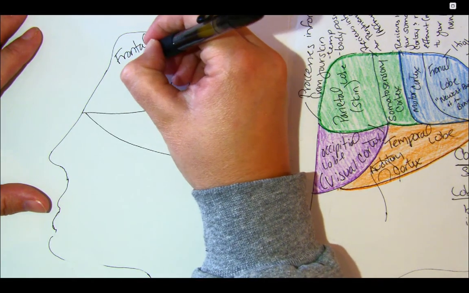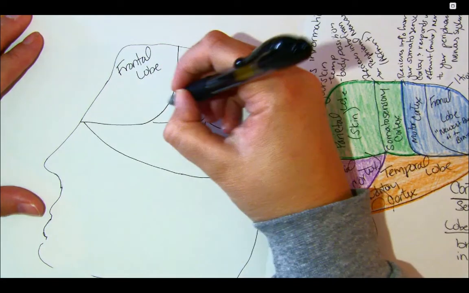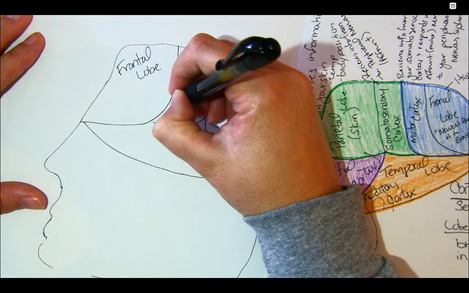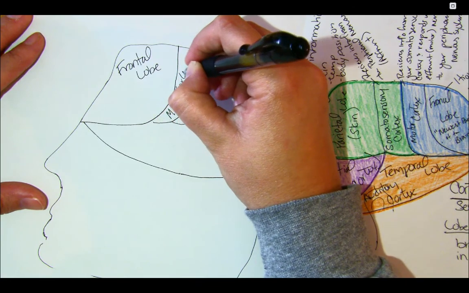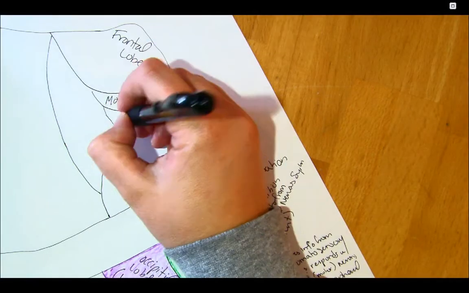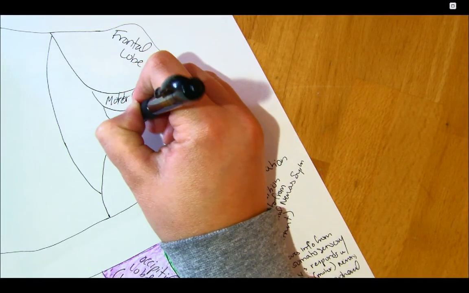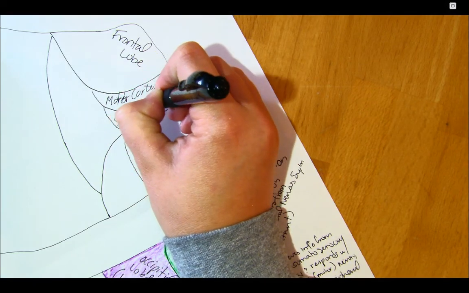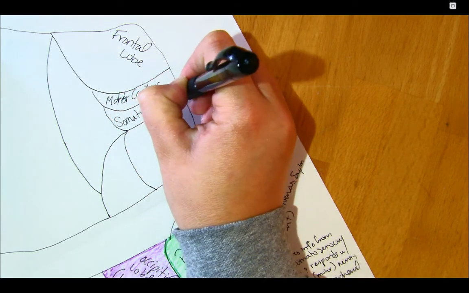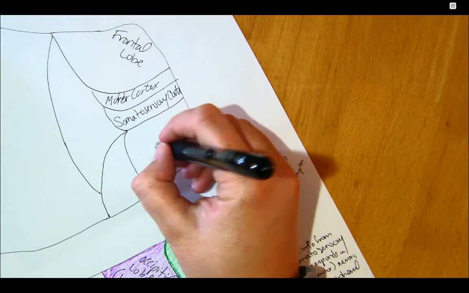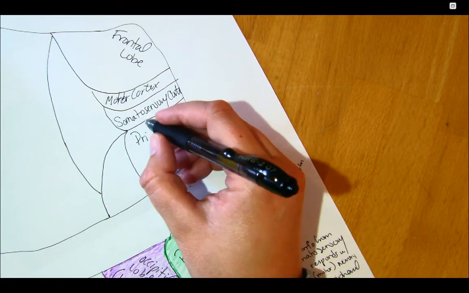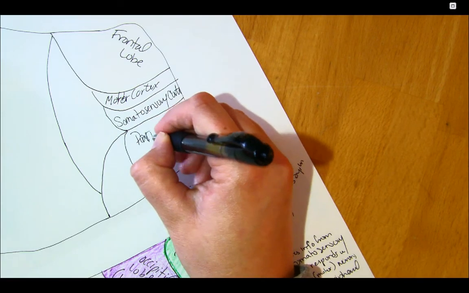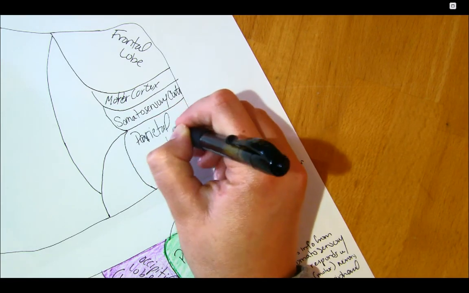So here's your frontal lobe. Okay. The frontal lobe also holds your motor cortex. Here is your somatosensory. And here is your parietal lobe, which of course holds your parietal lobe.